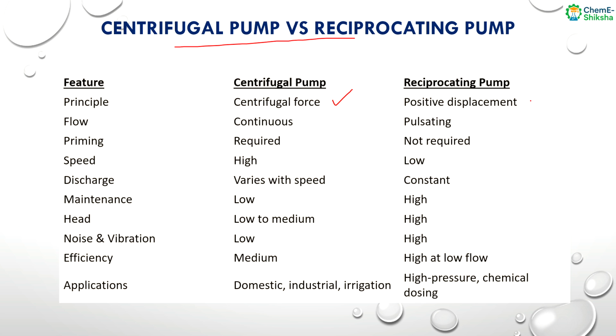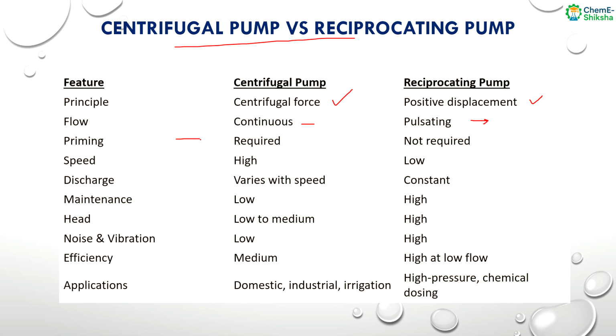In the case of the reciprocating pump, it is the reciprocating motion or the positive displacement of the piston or the plunger inside the cylinder, which is actually the main driving force or principle of this kind of pump. In the centrifugal pump the flow is continuous, but in the reciprocating pump it is pulsating. If it is a single acting reciprocating pump, then it will be pulsating, otherwise there will not be this problem.